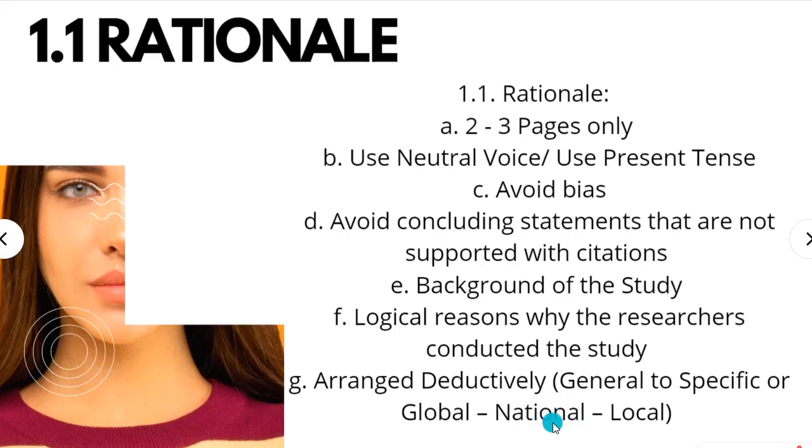And then go local: if you can find any researchers conducting a study here in Cebu regarding your topic. Okay, so that's how it is.